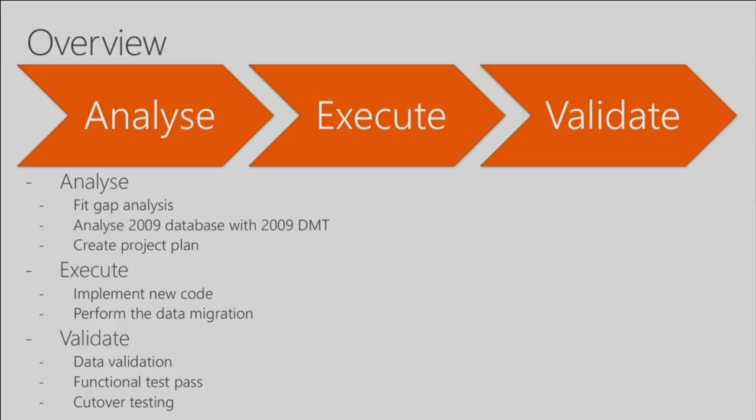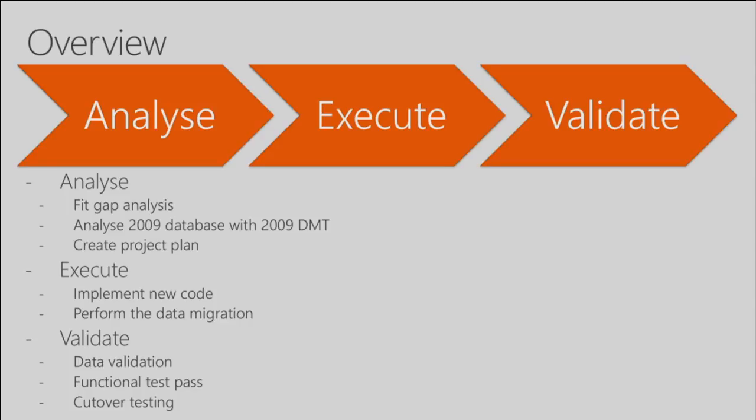Gather all the data, predict how much time I have to do, how many new features I'm implementing, how many existing features I can migrate, how many iterations I need for my data migration, testing time, cutover runs, UAT, and so on and so forth, right? You just plan it out exactly like such.